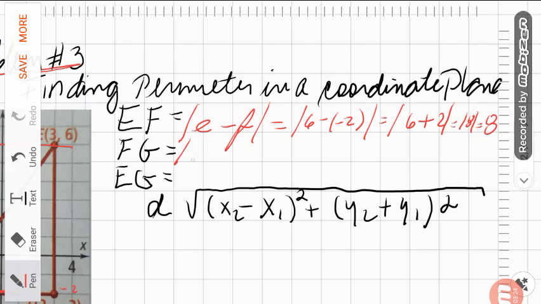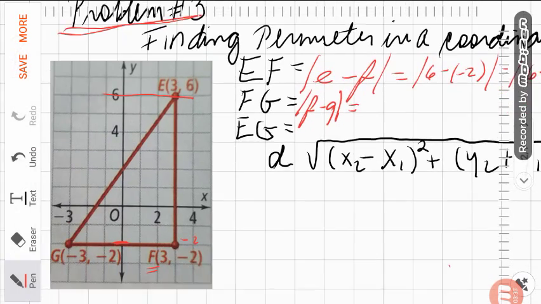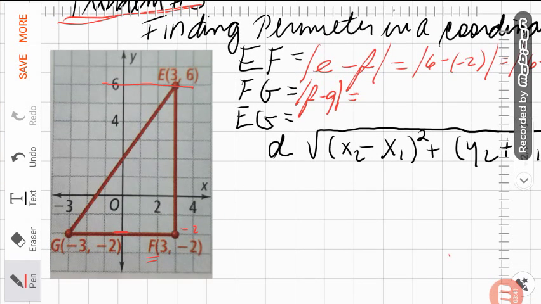Now we need to find the measure of the segment FG, which we find the same way we did before, with the absolute value of the coordinates of F minus G. If we use the coordinate plane as a number line, we are going to see that, for the segment FG right here, F will have the value of 3, because on the number line it will be right here on 3, and G will have the value of -3 right here.